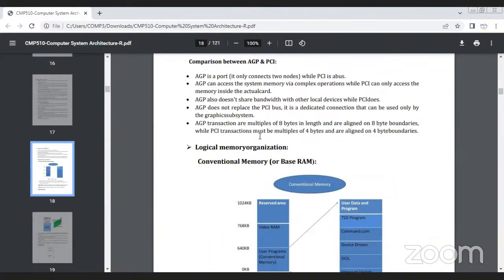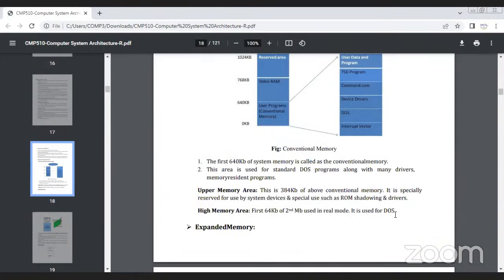RAM is a volatile memory. Volatile means that when we power off the machine, whatever content is stored in the memory is lost. The second type is secondary memory: hard disk, floppy disk, magnetic tape are examples of secondary memory.